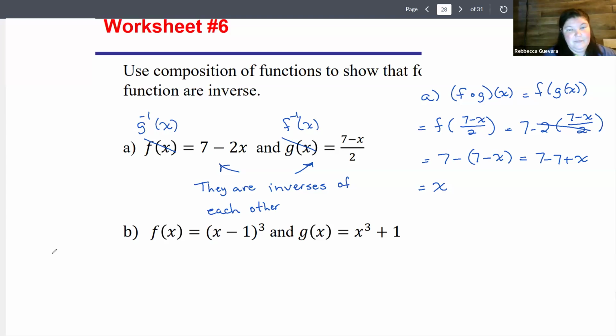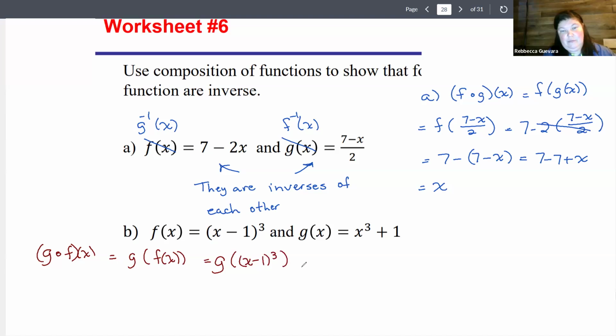B. Let's do it the other way. Let's say we're going to do g composed of f, just for fun. So we're going to have g on the outside and f is on the inside. And we know that f is just x minus 1 cubed.